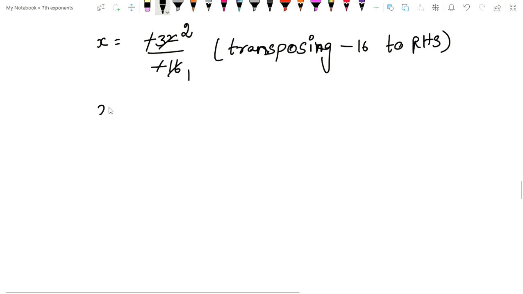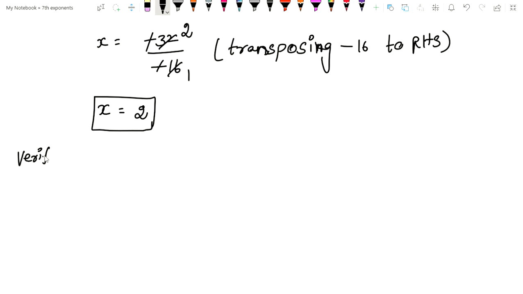So x equal to 2. Now we are going to verify. Verification. Write the question first.